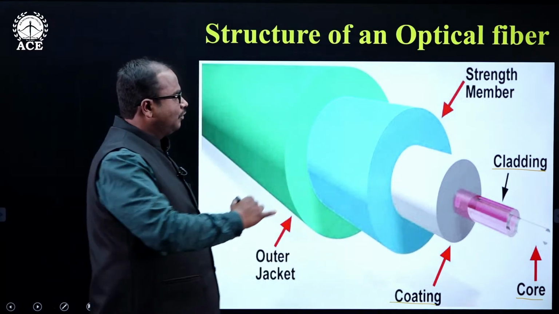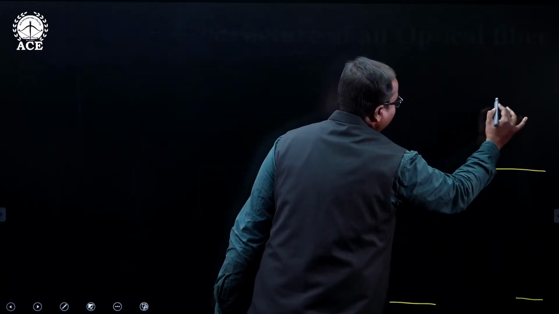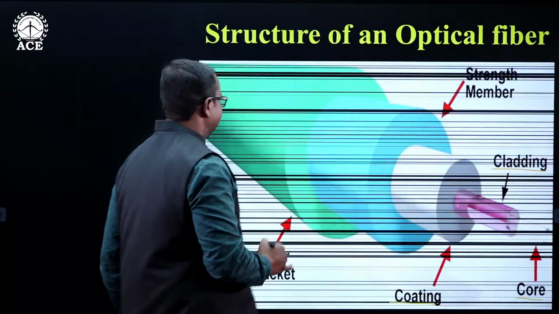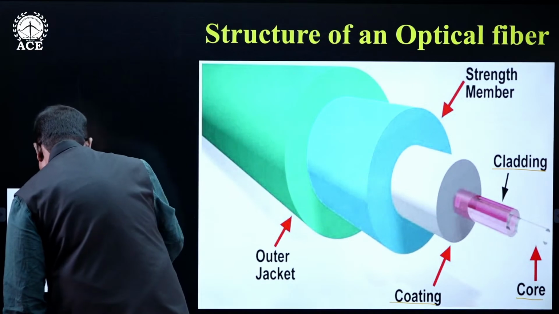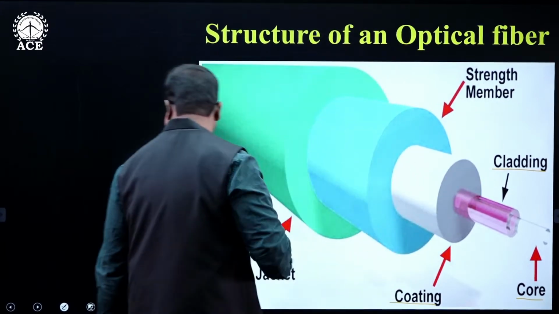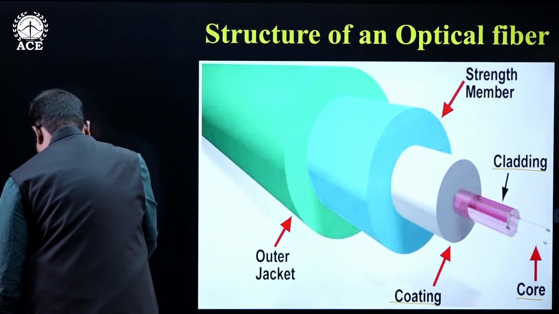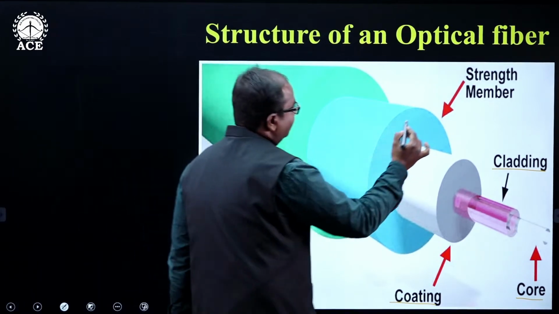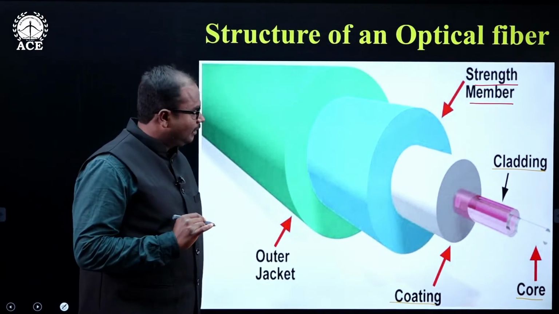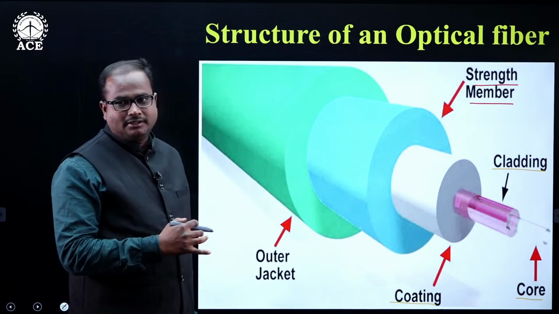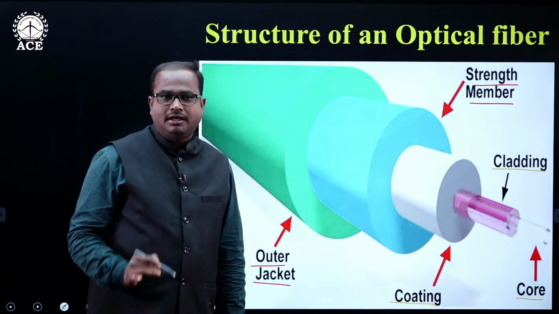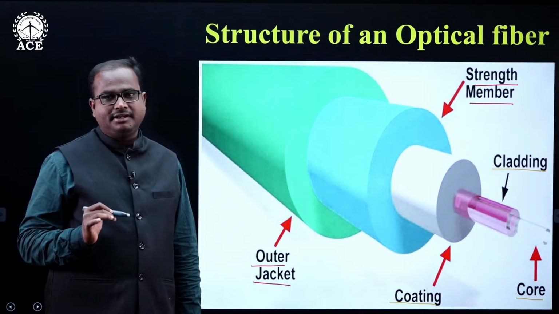And this coating is surrounded by the strength member. All these inner parts are surrounded by the outer jacket.